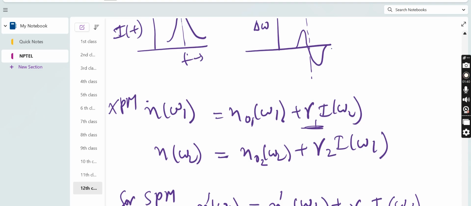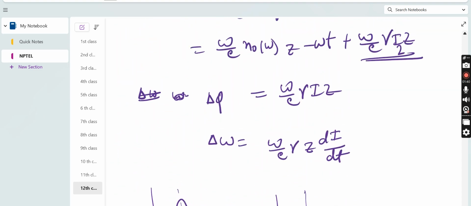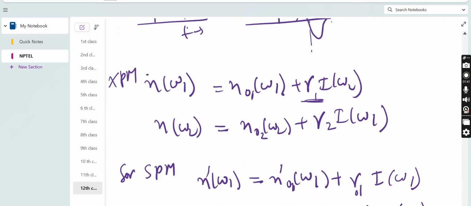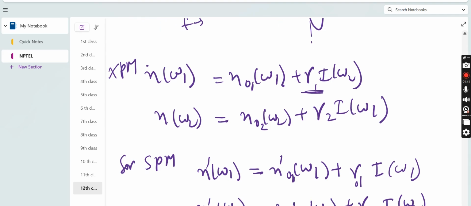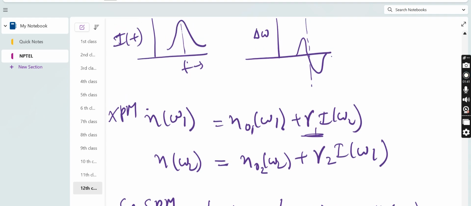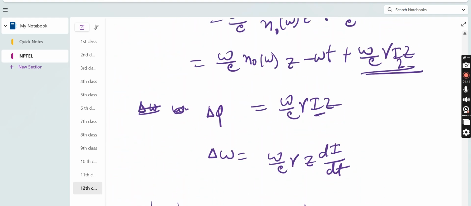Whatever I have written here is general. For the I, we don't know which I. So when the different electric field, I2, is affecting I1, that is cross-phase modulation. When I1 is affecting I1 itself, that is self-phase modulation.